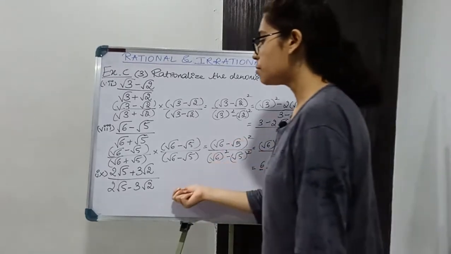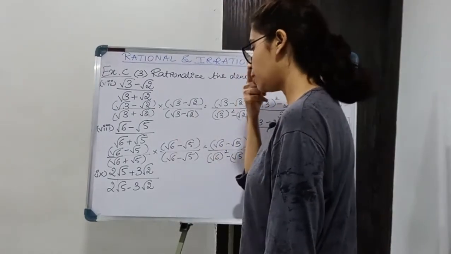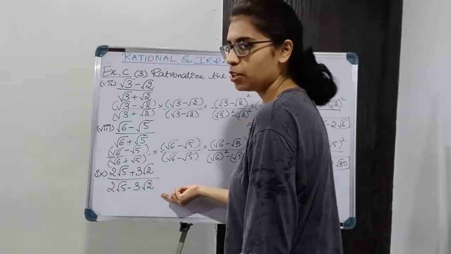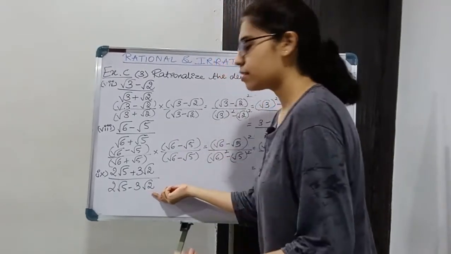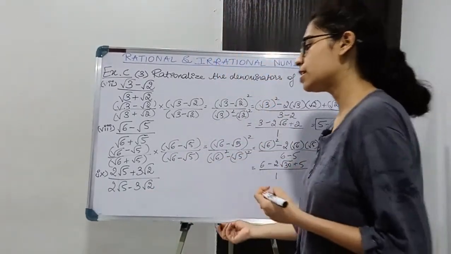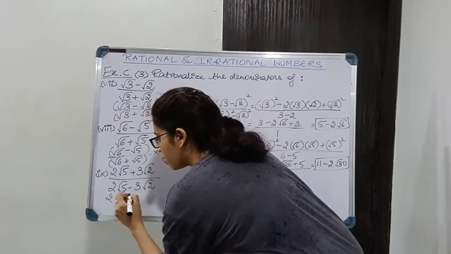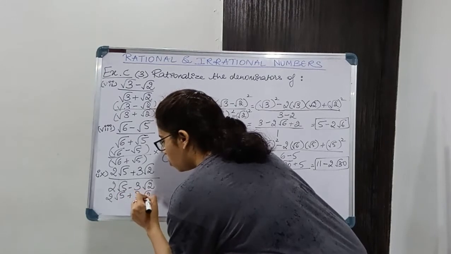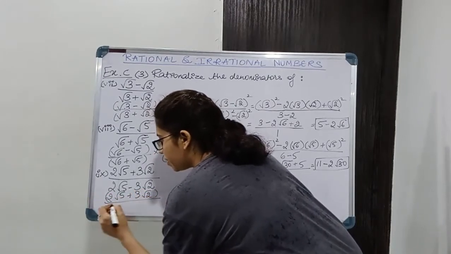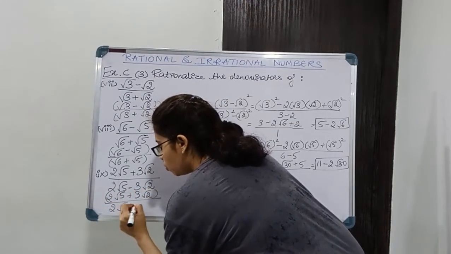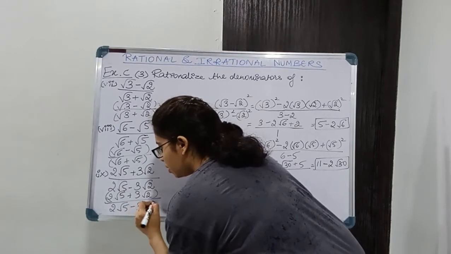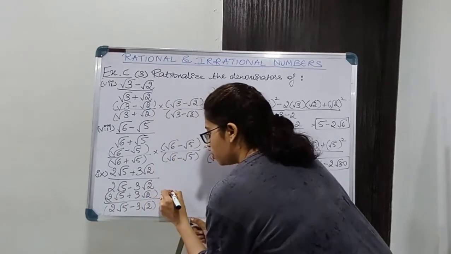Now the last number is 2 root 5 plus 3 root 2 upon 2 root 5 minus 3 root 2. The rationalizing factor is 2 root 5 plus 3 root 2. So multiplying both numerator and denominator by 2 root 5 plus 3 root 2.